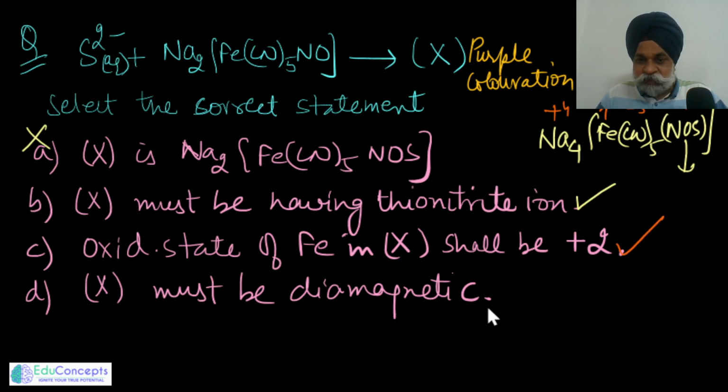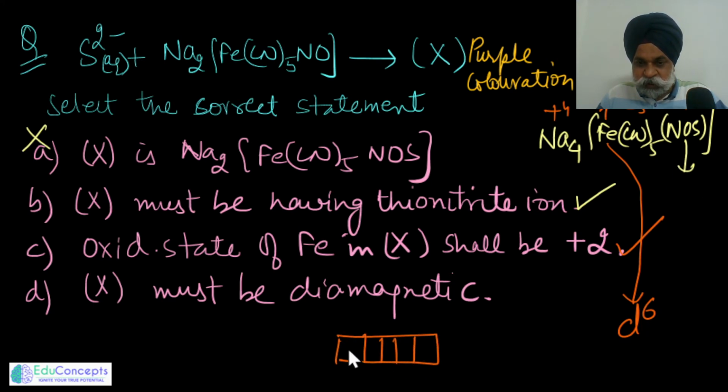X must be diamagnetic. That means all of these are strong field ligands and there is pairing, and here the iron is in a 3d6 system, and all of these are strong field ligands, so it would lead to pairing. So 1, 2, 3, 4, 5, 6. CN negative is a strong field ligand.